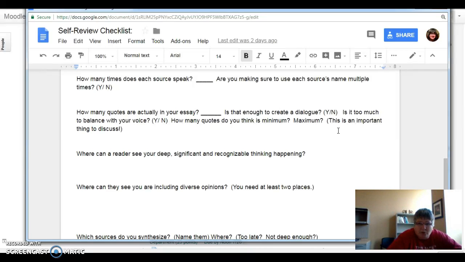You also don't want to be too formulaic. So sometimes you let a source talk twice in the same paragraph, and then the other one talk once. So some paragraphs might have 3 quotes. Some of them might have 3 different people in them, so they'd have 3 quotes. Figure out how much is the right amount, and how are you going to avoid that formula-looking thing. You do not want 2, 2, 2, 2.